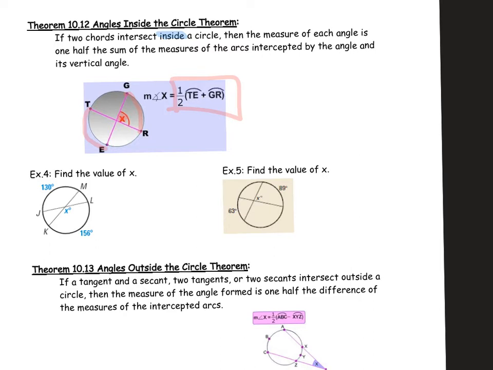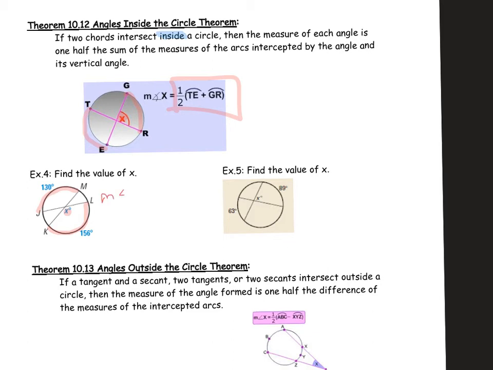So example 4 here, they want you to find the value of X. So X is right here. So again, I want the arcs that are in line with that angle. So we have those 2 arcs. So right now I can see that arc KL is 156 degrees and arc JM is 130 degrees.